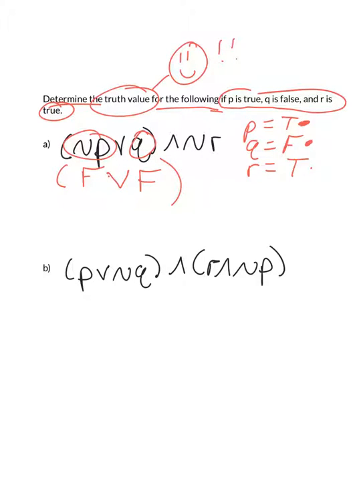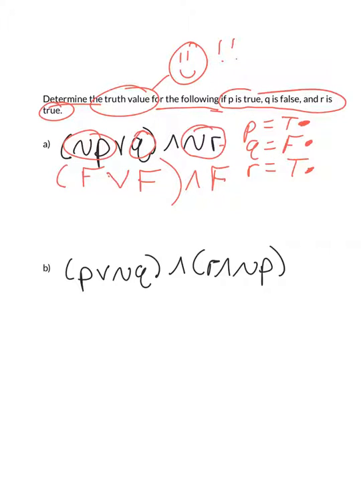Bring down the parenthesis. Bring down the and. Now we got to negate R. So if R is true, when I negate a true, it's going to become false. So step 1 for truth value, plug into P, Q, and R. They typically tell you if those are true or false. And only worry about the negation symbols in front of the letters for now.